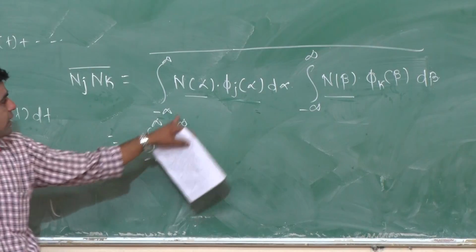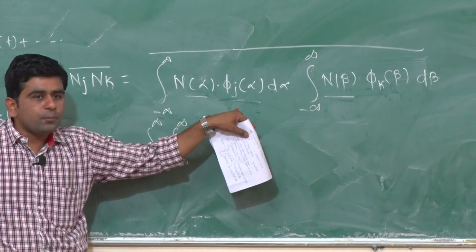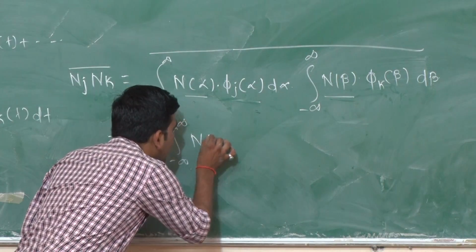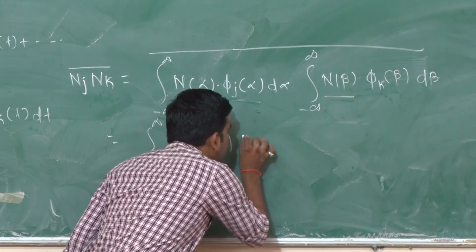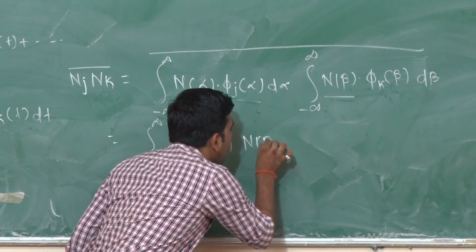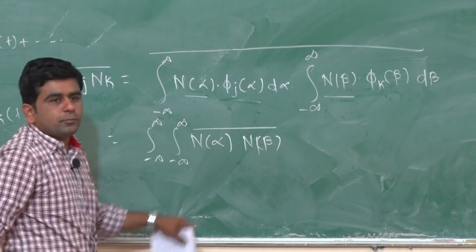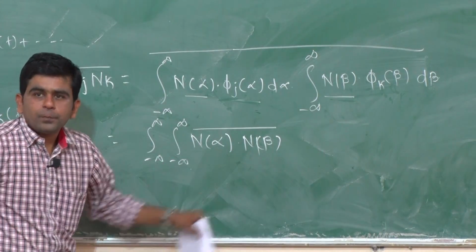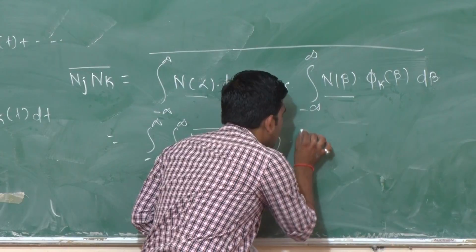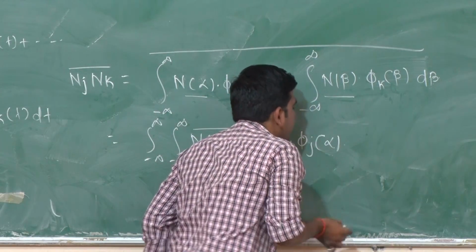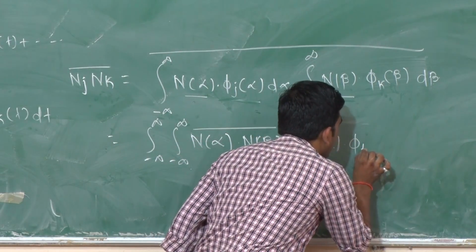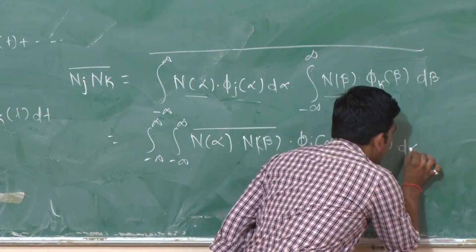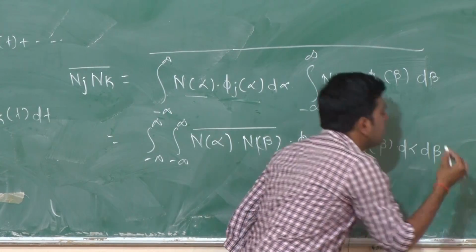But n of alpha and n of beta are random processes, so we have to apply the expectation operator: expectation of n of alpha into n of beta, into phi_j of alpha, phi_k of beta, d alpha d beta.